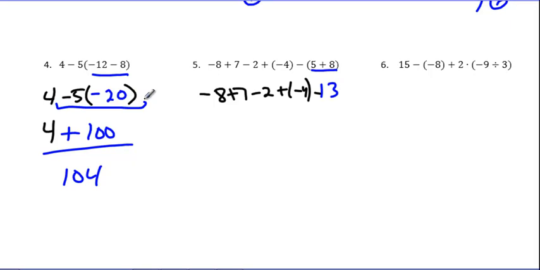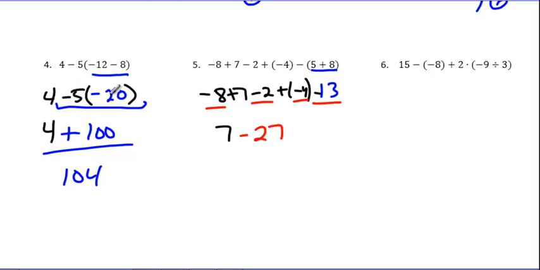In terms of positive numbers, only 7 is positive. So I'm going to write positive here. Now I'm going to get all my negative numbers. I have a negative 8, negative 2, negative 4, and negative 13. So that's 10. 10 plus 4 is 14, and then plus 13 is 27.